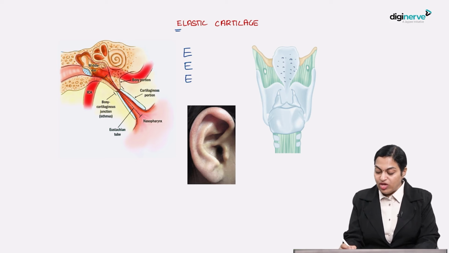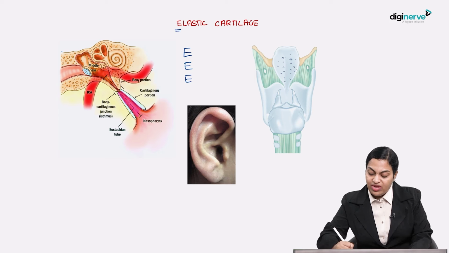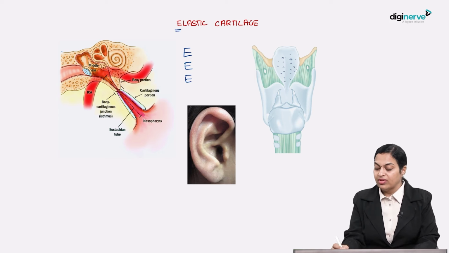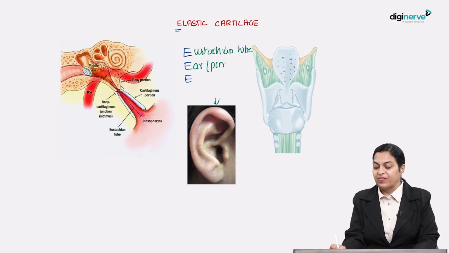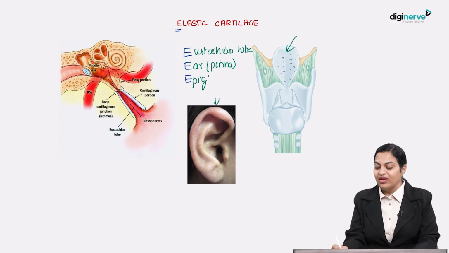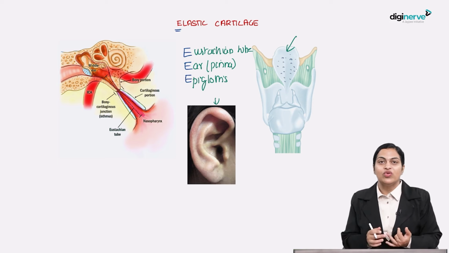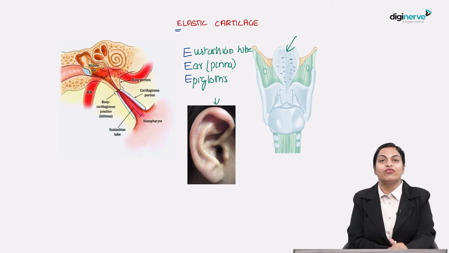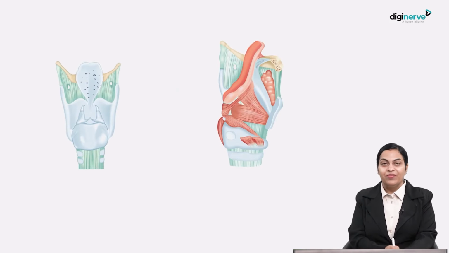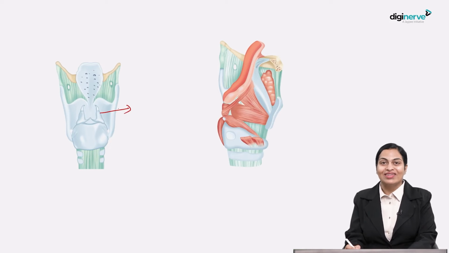So, the eustachian tube that you see here connecting the middle ear cavity to the nasopharynx, right? And then the pinna of the ear, external ear. This cartilage here is the epiglottis, right? So the elastic cartilage is found over the eustachian tube, the epiglottis and the pinna of the ear. Apart from that, I told you most of the arytenoid is made up of hyaline cartilage.